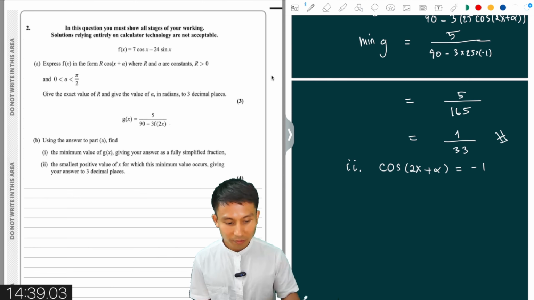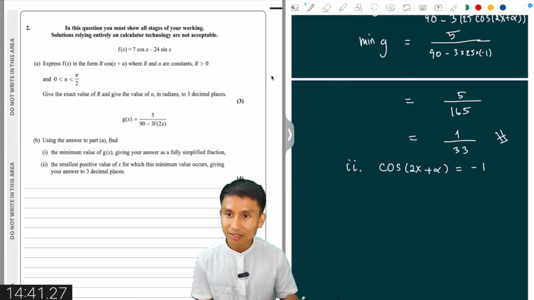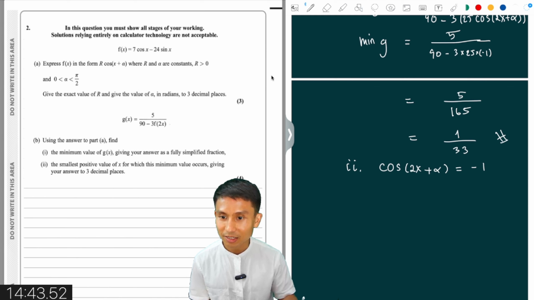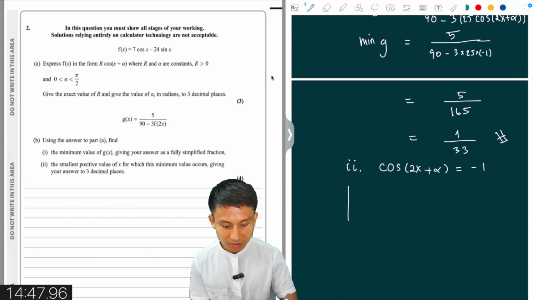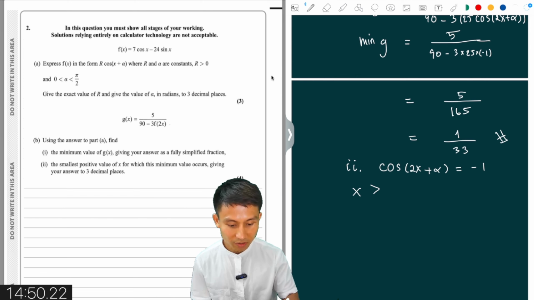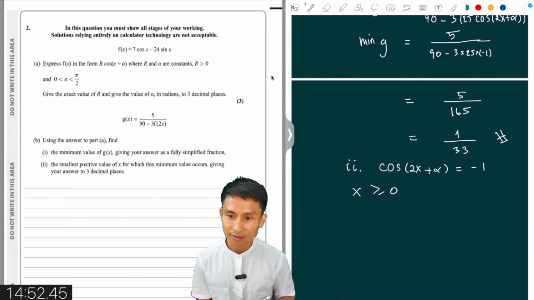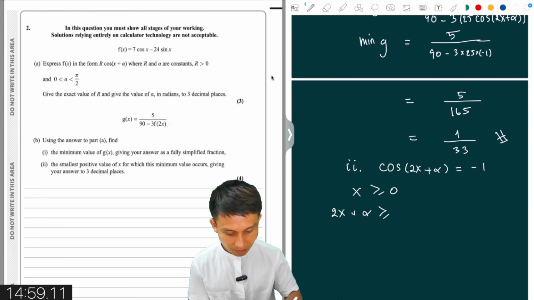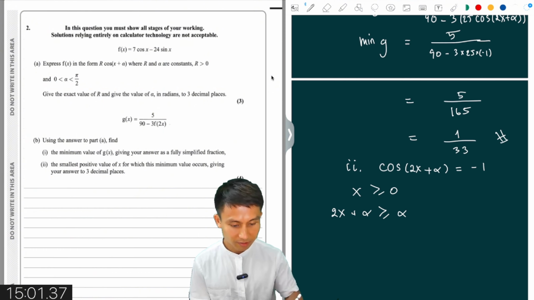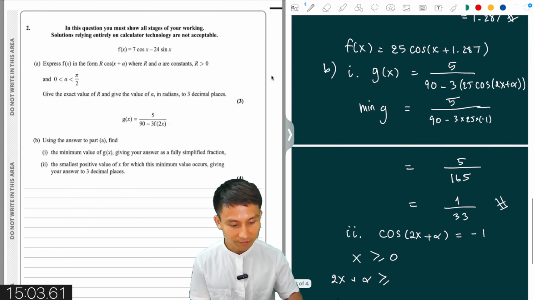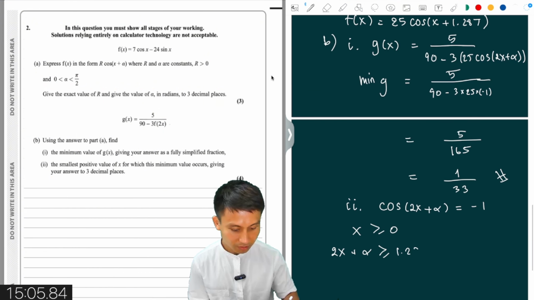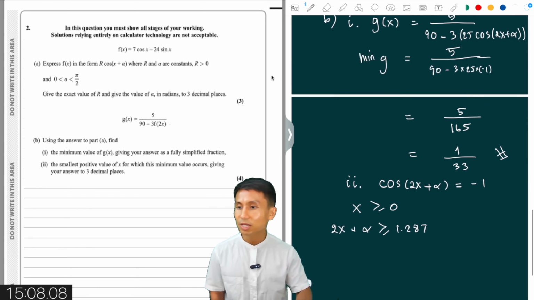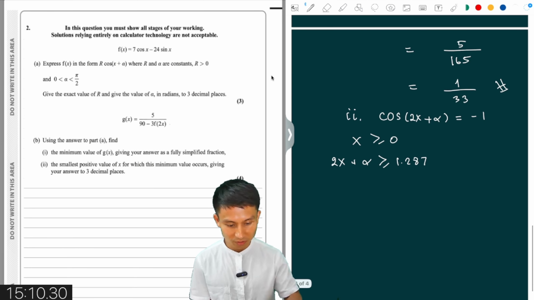Now, is there any limitation for x? It asks for the smallest positive value of x, so you need x to be greater than or equal to 0. That means 2x + alpha needs to be greater than alpha, where alpha is 1.287. I'm just modifying the range here so that I get the right angles.